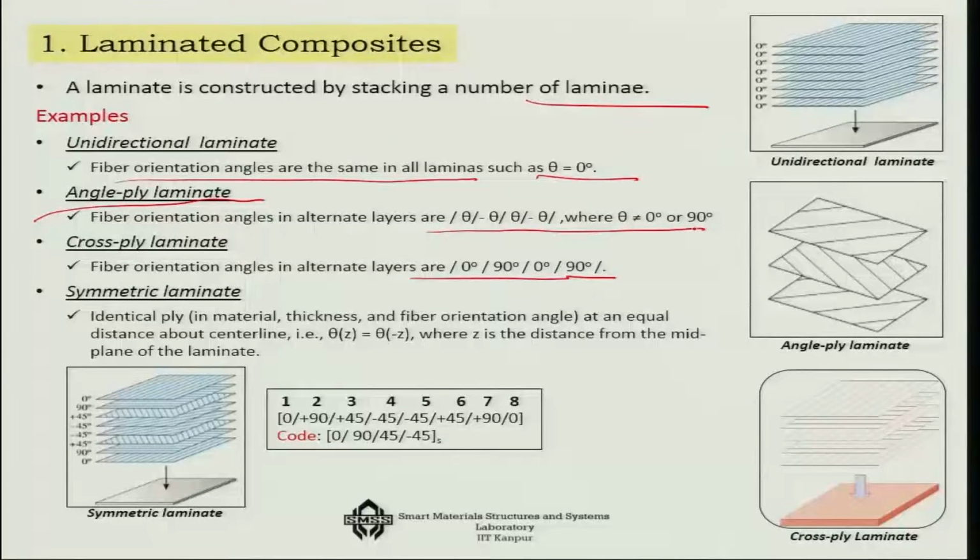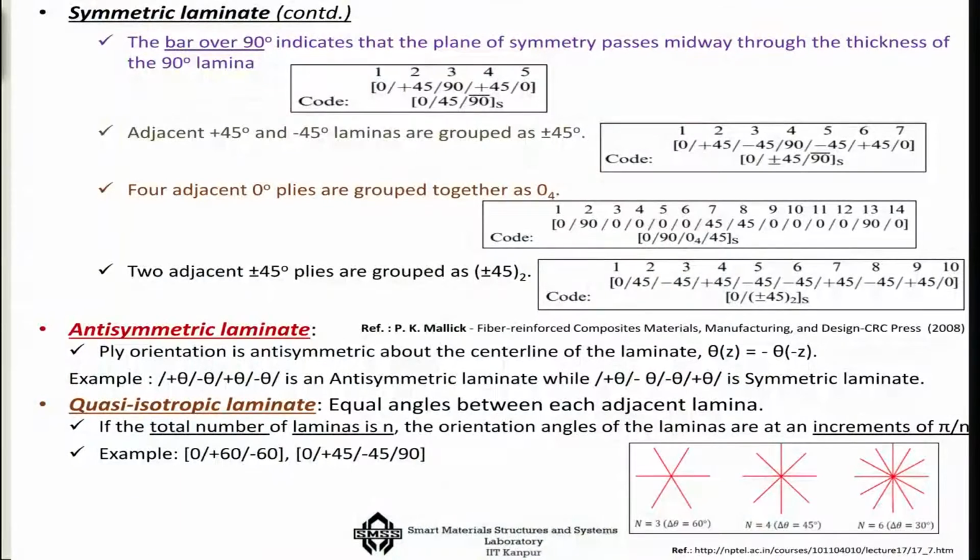And more importantly, you can stack them in such a way that with respect to the mid plane, they can be either symmetric or unsymmetric. So there are many variations that you can develop, and each has its own characteristics. Now if you consider a symmetric laminate, if there is a bar over a sequence like 0, 45, 90 bar, that means the plane of symmetry passes midway through the thickness at this particular line.